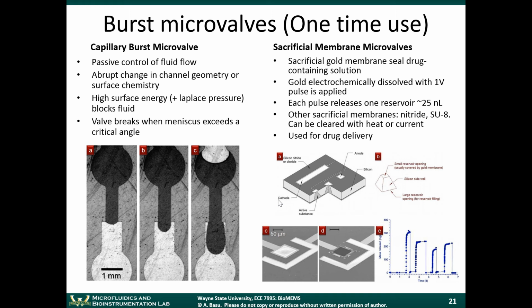Let me give you a little bit of background on why we would want something like this. A lot of microfluidic devices, BioMEMS and lab-on-a-chip devices are designed for one-time use. You can think about why just by thinking about when you go to your doctor's office. The test tubes they use to collect your blood, the little assays that they do, everything is pretty much one-time use.